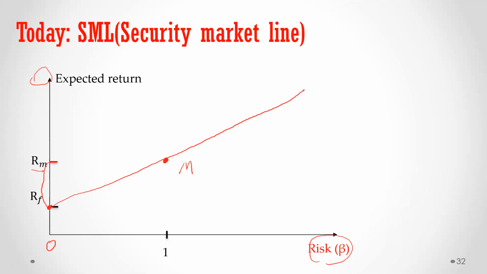So if an asset's systematic risk is higher than the market portfolio's systematic risk, then investors will require a higher expected return. But as we discussed, there are a lot of things we need to be careful about when we interpret the conclusion from this security market line.